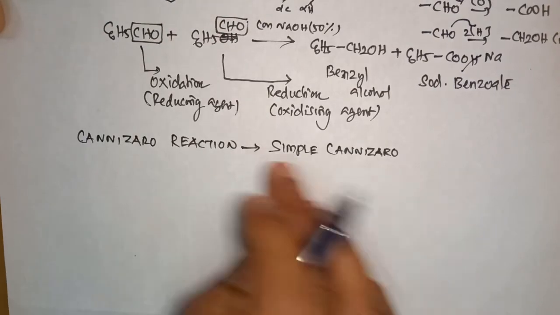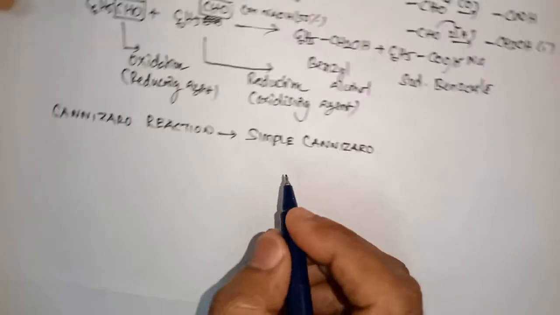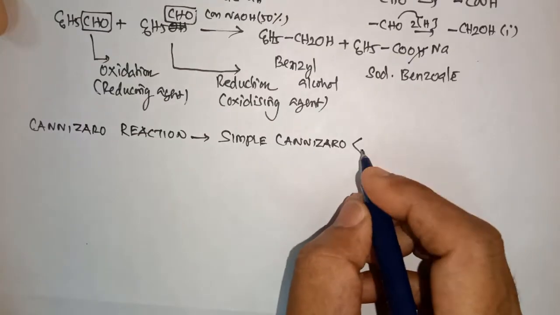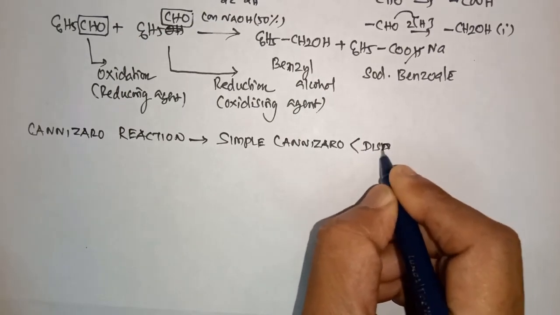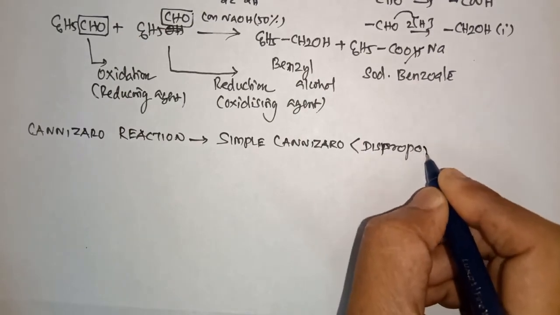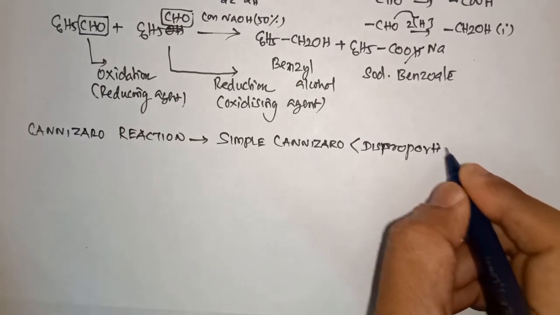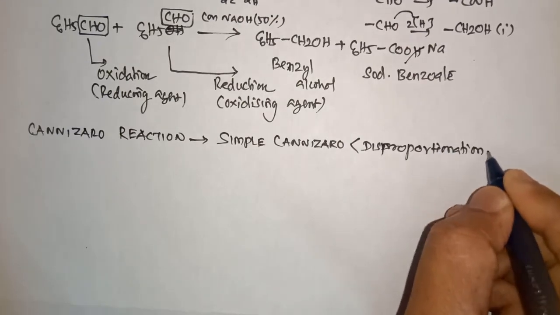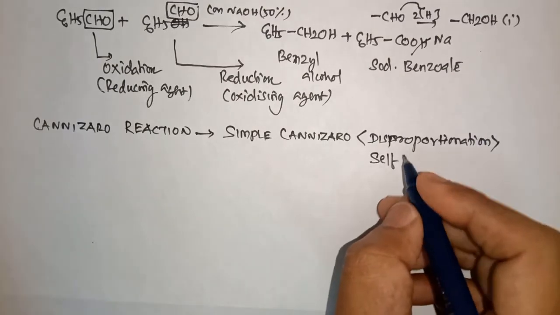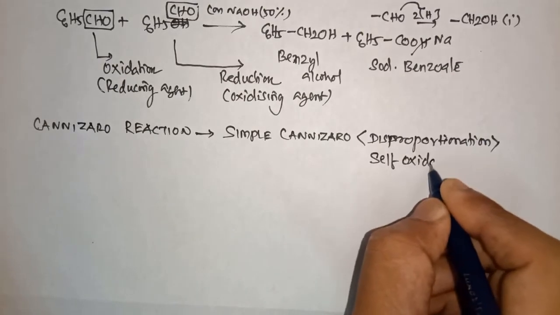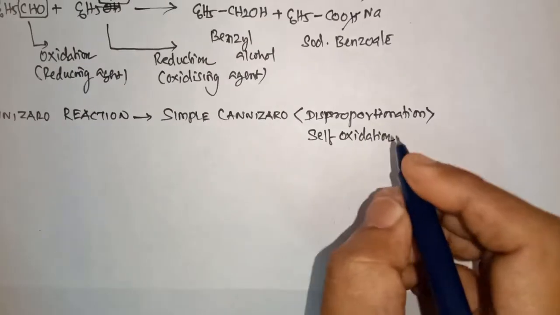That is called simple. Another one is called crossed. The simple Cannizzaro reaction is otherwise called a disproportionation reaction, or a self oxidation and reduction reaction.